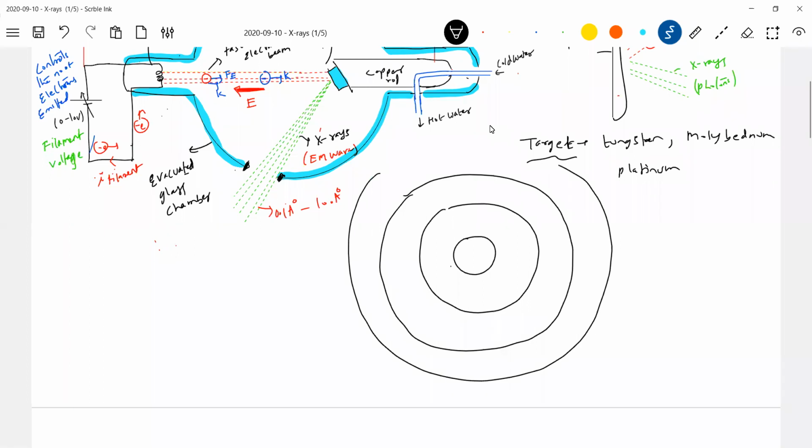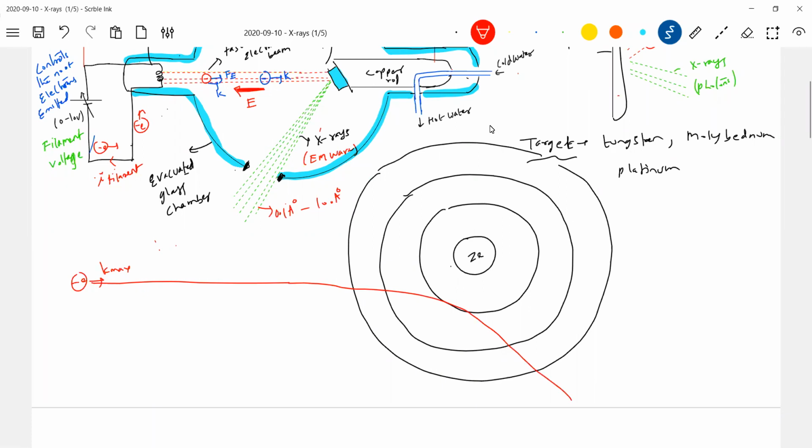This is the orbits of the target atom of atomic number Z, and there's a fast moving electron beam. Now the moment it enters, this will be the path.